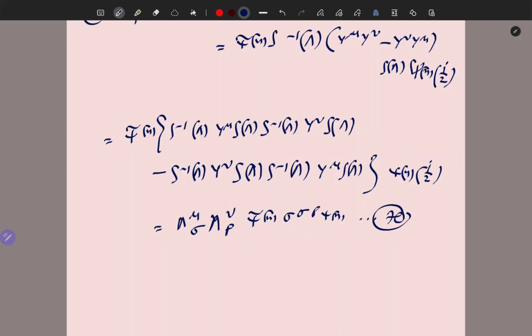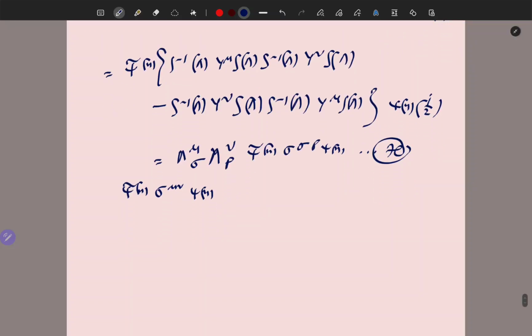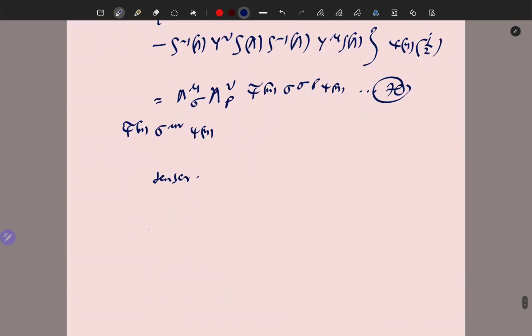Where in the last step, equation number 62, it follows that psi tilde of x sigma mu nu psi of x transforms as a second rank contravariant tensor under Lorentz transformation. Under parity, this is a tensor, which is minus psi tilde of x sigma i0 psi of x and psi tilde of x sigma ij psi of x.